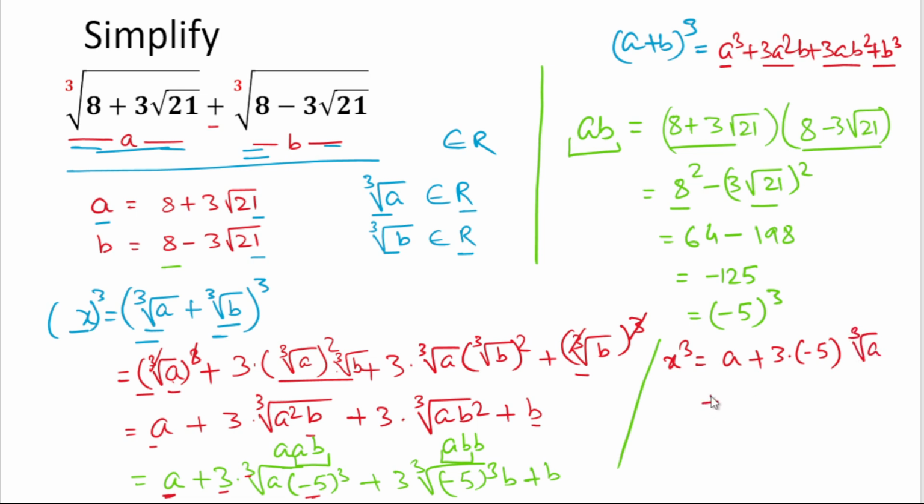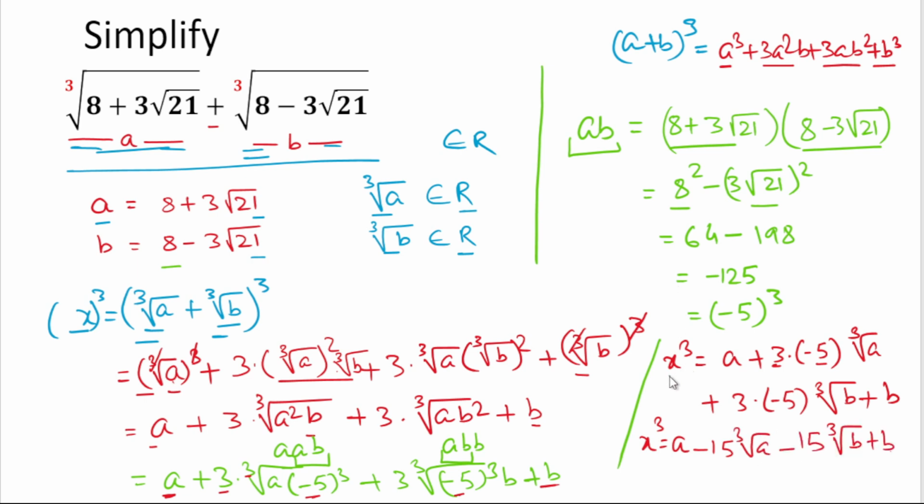Likewise the next term: plus 3 times negative 5, which comes outside from here also, and in the cube root there will be b, and this plus b we'll write as it is. Now we'll simplify. The value of x cube will be a as it is, here 3 and negative 5 will be negative 15 and cube root a. Likewise, so friends, here we have simplified the value of x cube in this expression.